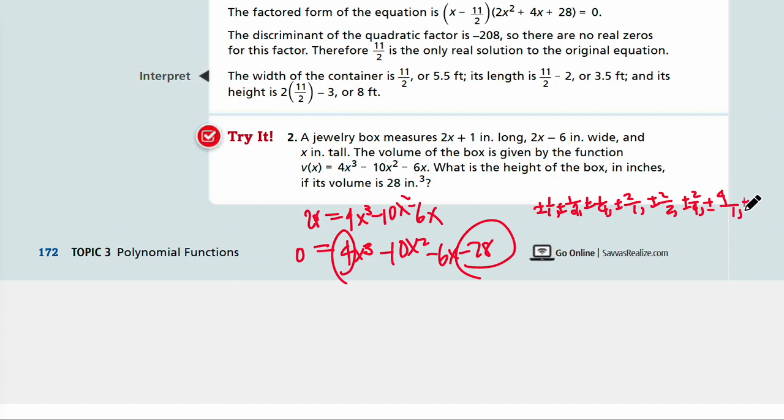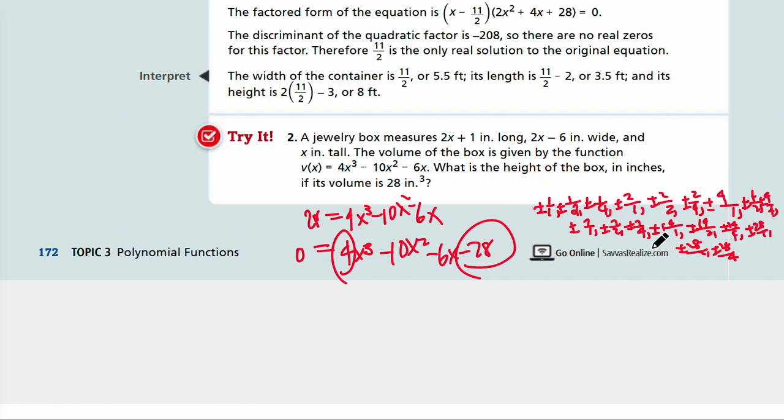Plus or minus 4 over 1, plus or minus 4 over 2, plus or minus 4 over 4, and then plus or minus 7 over 1, plus or minus 7 over 2, plus or minus 7 over 4, plus or minus 14 over 1, plus or minus 14 over 2, plus or minus 14 over 4, plus or minus 28 over 1, plus or minus 28 over 2, plus or minus 28 over 4.